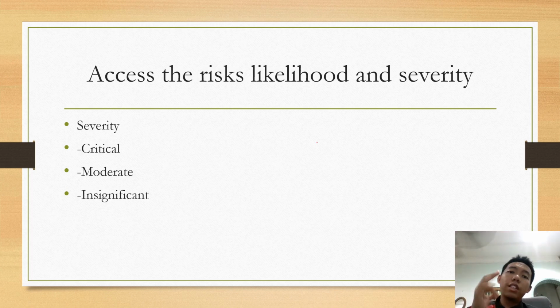So we go to the severity. Severity has three categories, which are critical, moderate, and insignificant. Critical means the potential contamination affects the halal status and could not be salvaged.